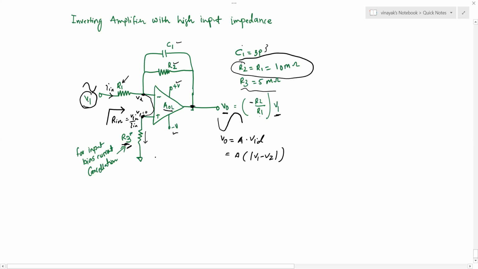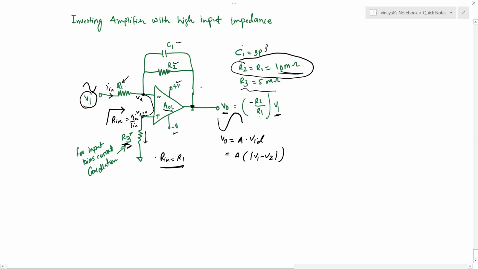Therefore the I in value will be V in divided by R1, or R1 will be V in divided by I in. So R in is actually R1 for the inverting configuration, and the value of R1 is 10 mega ohm. That's why we call it an inverting amplifier with a very high input impedance.